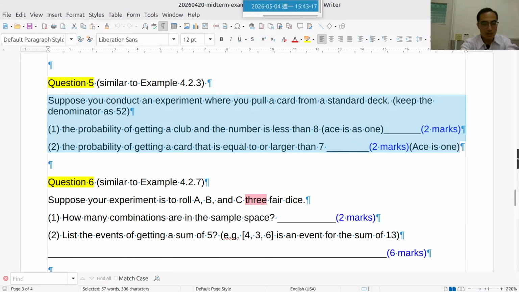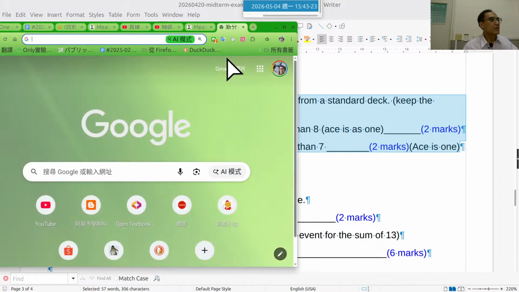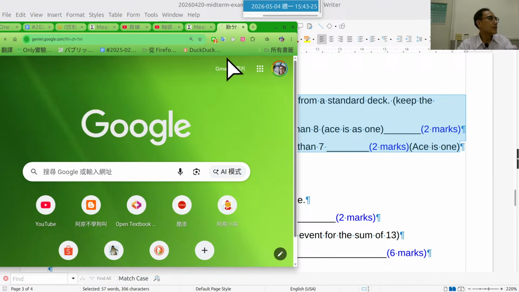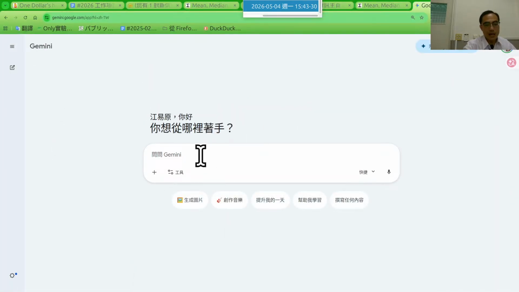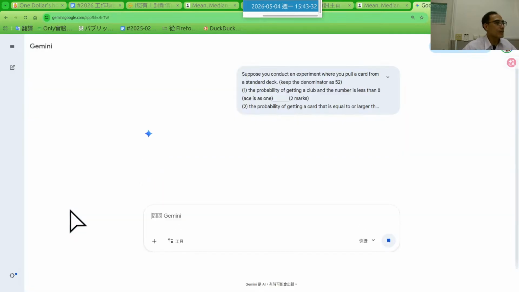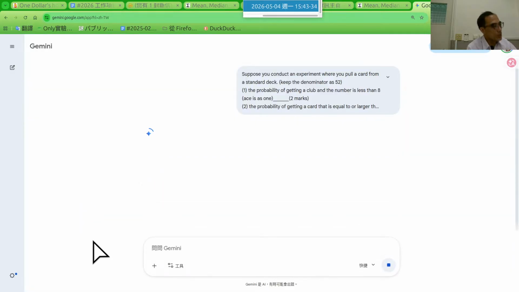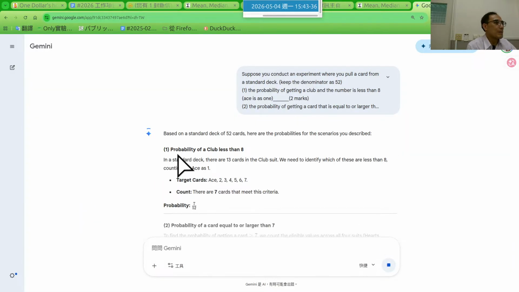Copy. And I use Google Gemini. And I paste the question. Probability of a club less than 8.